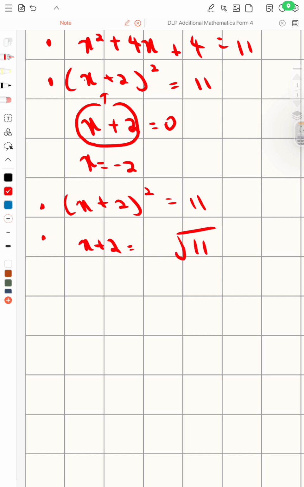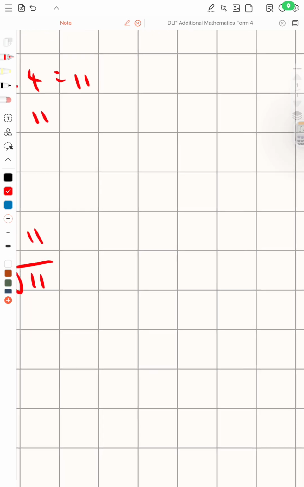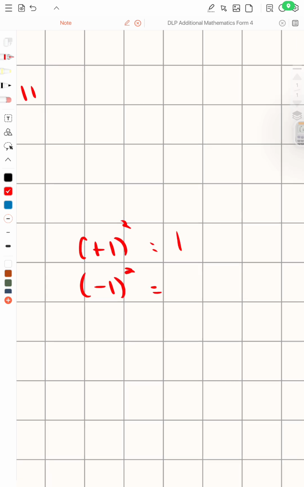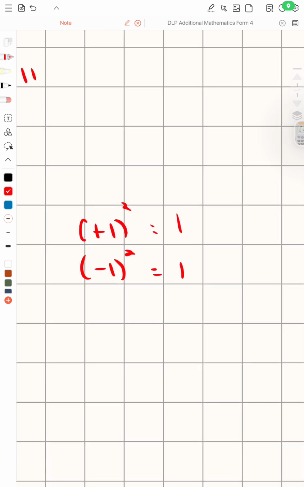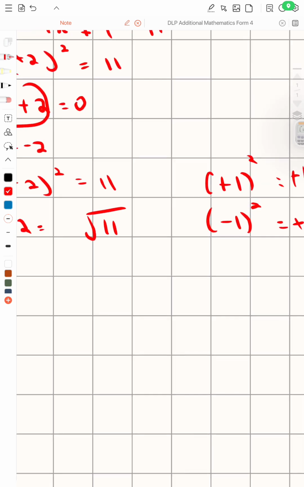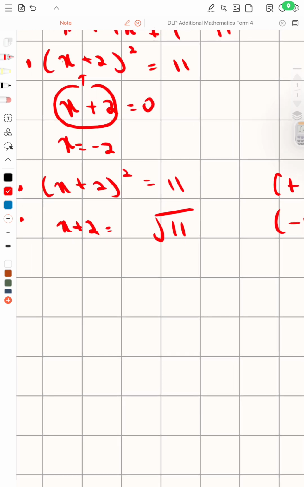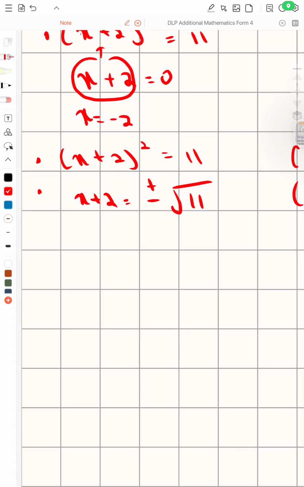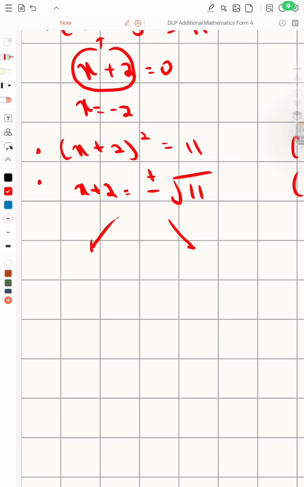But you need to make sure for moving square into square root, because if you look at this example, positive 1 square and negative 1 square, you will have the same answers. So there's an uncertainty. So we are not certain with the value that we got. So we need to include positive and negative to make sure that we are certain with our answers.